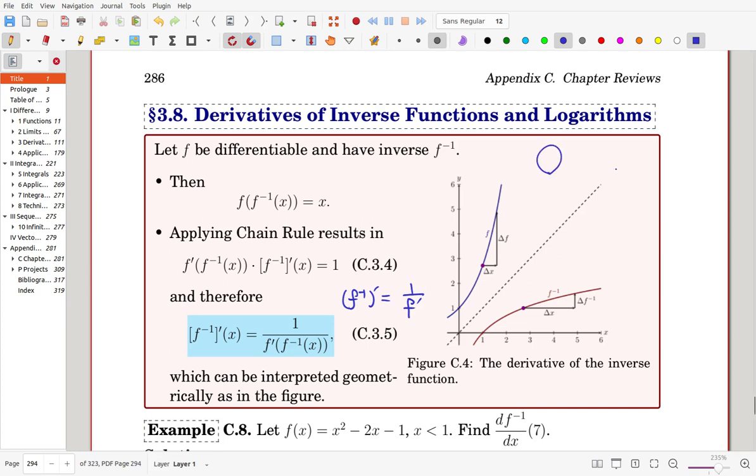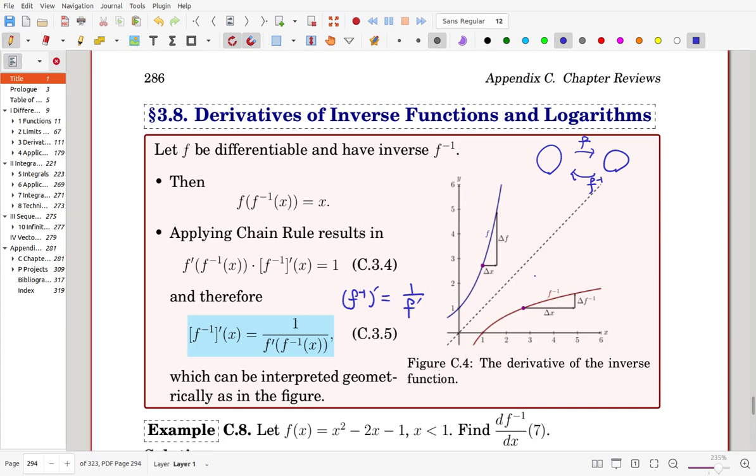there's a domain and a range of f, and f inverse is now, that will be the domain of f inverse, and this side will be the range of f inverse.